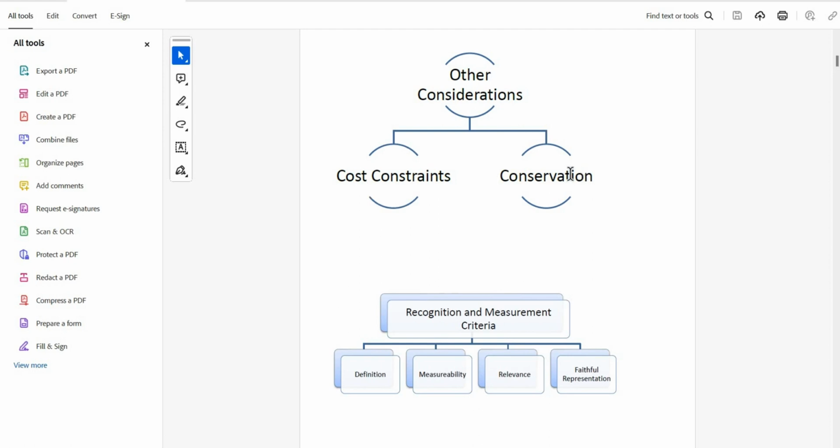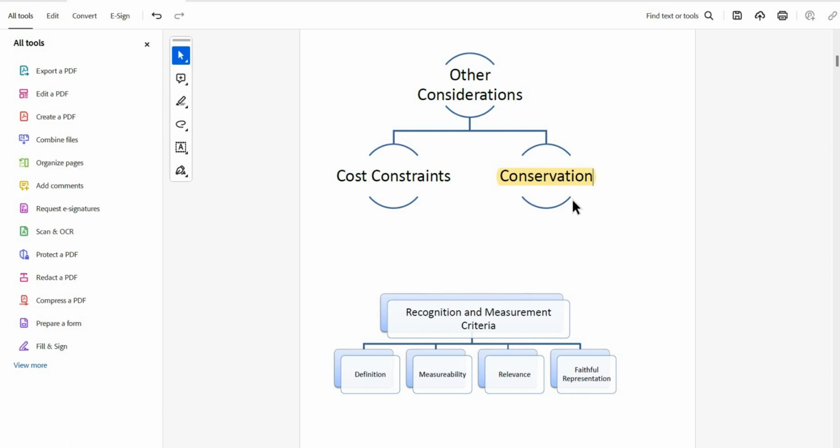And the other one is conservatism. Conservatism is also known as prudence. Prudence or conservatism are both the same. Conservatism stands for this: whenever there is an expense, we need to record the expense first, and whenever there is a future expense, meaning we know that there is a future expense which is going to happen, we are going to record the expense.